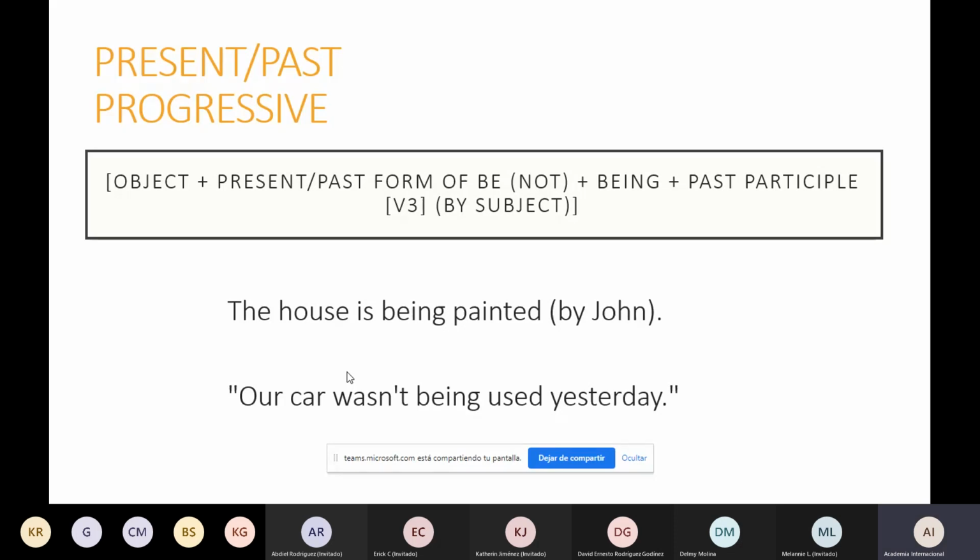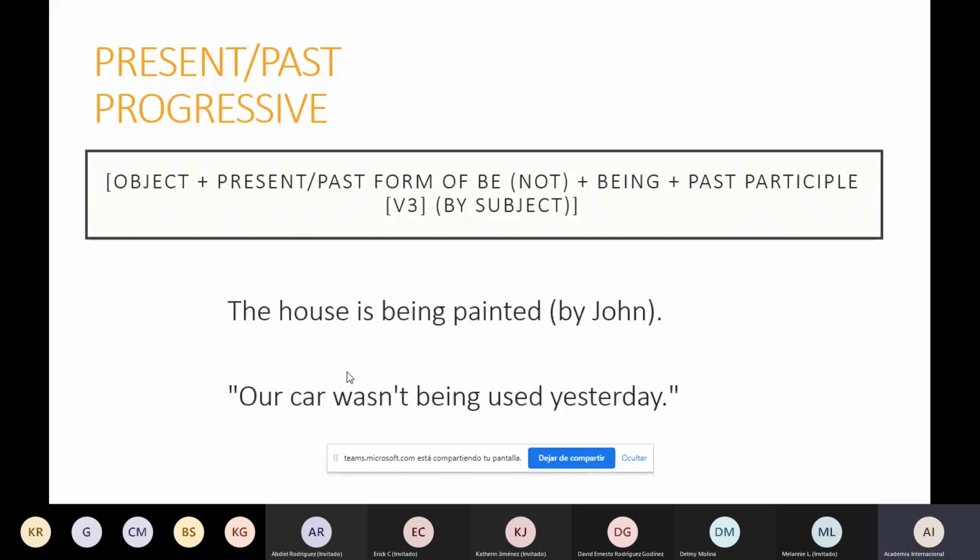Aquí es un progresivo. Si vemos, podemos utilizar diferentes tiempos, como les decía anteriormente. The house is being painted. If we want to add the doer, just use by John. The house is being painted by John.